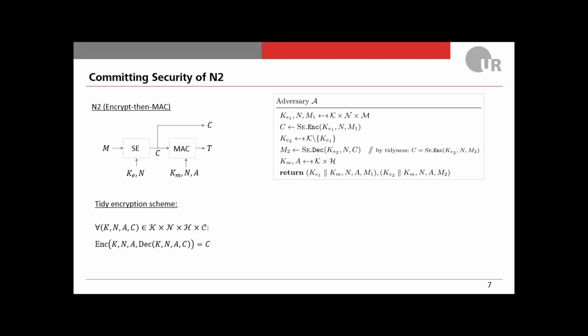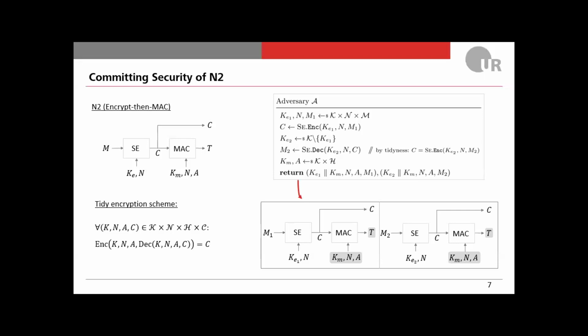Okay, so for N2 schemes, we show that committing security is not given. And we do this by providing a simple attack that needs only the assumption that we have a tidy symmetric encryption scheme. And the adversary then looks as follows. So firstly, he randomly samples some encryption key, nonce and message, and encrypts them to a ciphertext C. Secondly, another different encryption key is sampled and used to decrypt the ciphertext C, which guarantees that the resulting message will re-encrypt to C again.